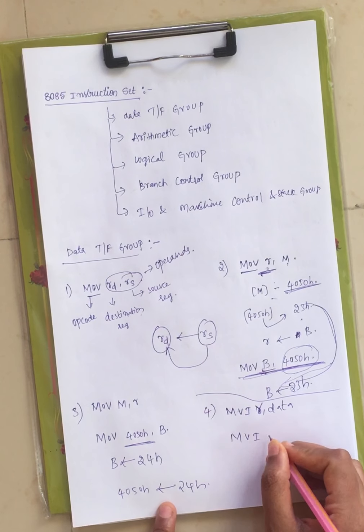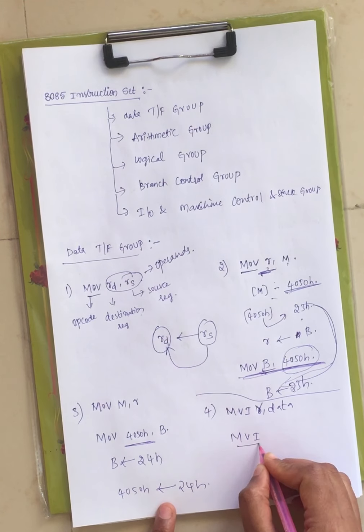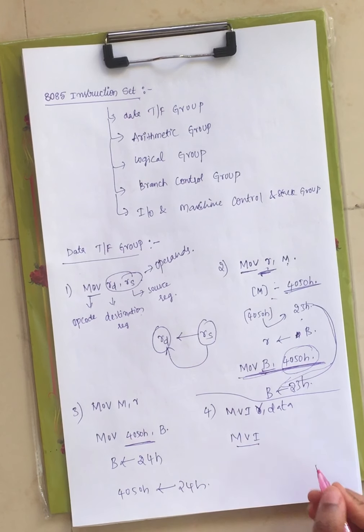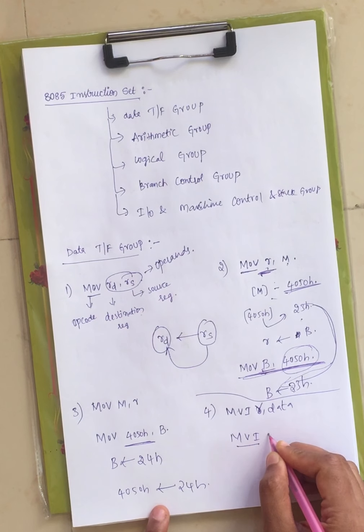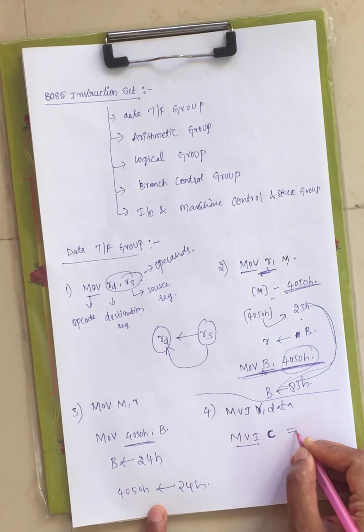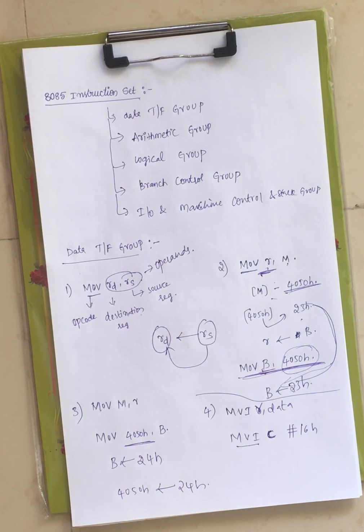MVI, move immediate. I can specify some register, say C, and immediate data, that is 16H. The example for this particular instruction is MVI, which is nothing but move immediate.